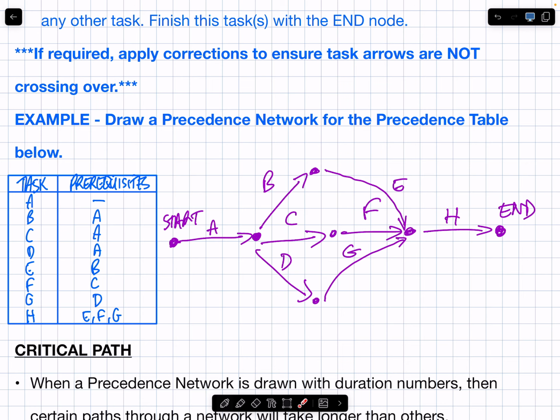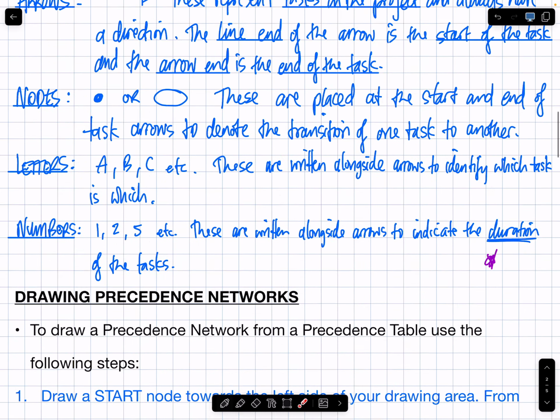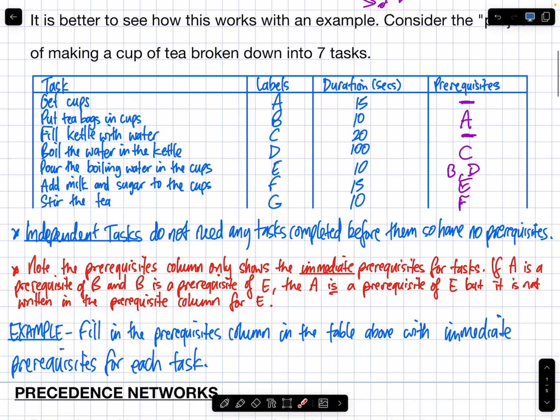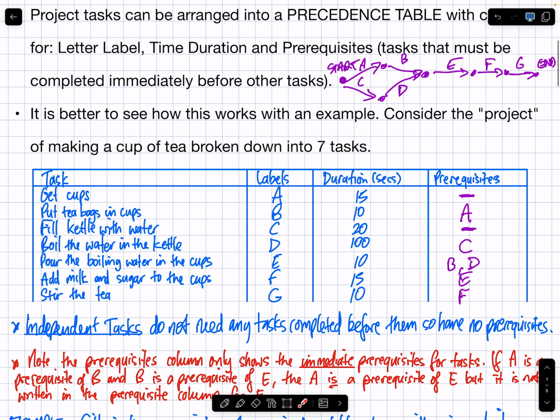Just with the top one, if you go the bottom way to C, at what point do you get the cups though? Don't worry too much about the project of deciding how you make the tea. I just needed an example for it. What you need to be able to do is translate this to this.